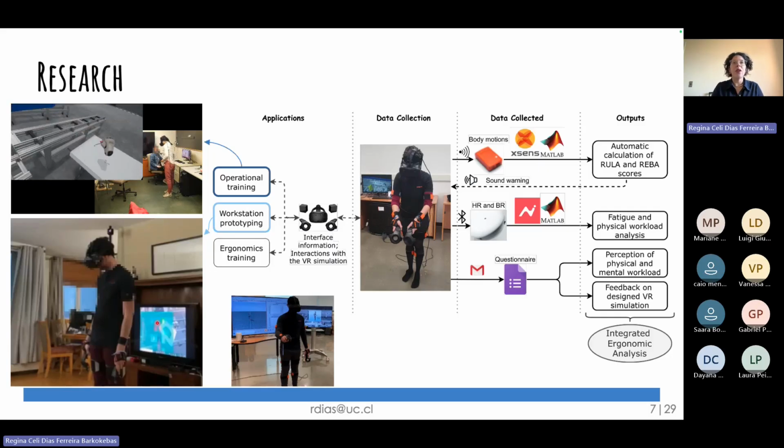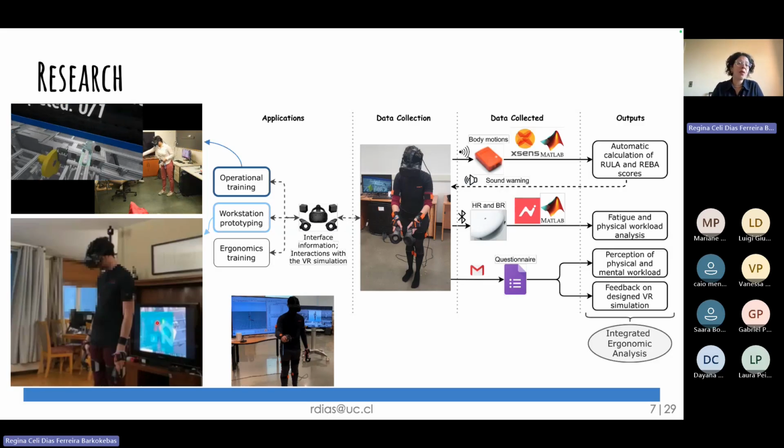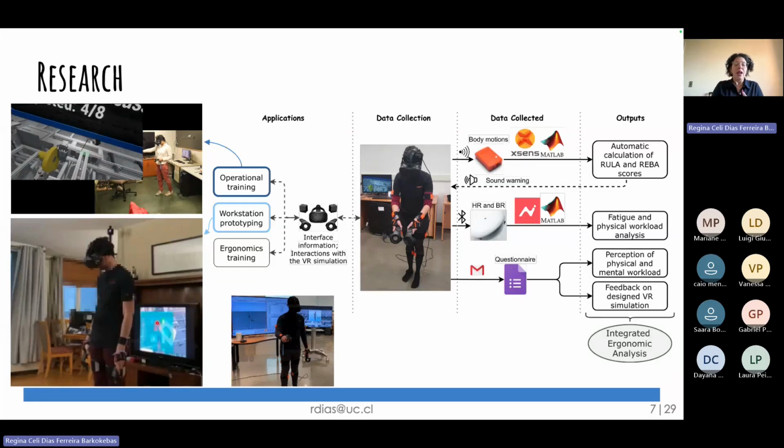The third one would be to change the way that the workers interact with this workstation. So I cannot change my workstation, but I can teach workers how to perform the task in a more ergonomically friendly way in the workstation they already have, which is the case. I'll also have a case study showing that in this presentation.